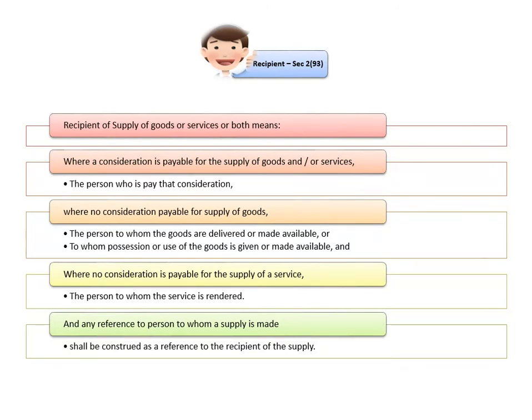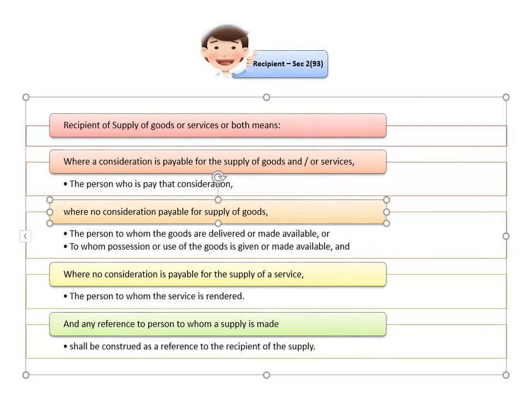Where no consideration is payable for supply of goods, the person to whom the goods are being delivered, or to whom possession of the goods is being made available, is a recipient, right? Where no consideration is payable for the supply of service, the person to whom service is being rendered is the recipient. Any reference to a person to whom supply is made shall be considered as a reference to the recipient for the supply as per GST.